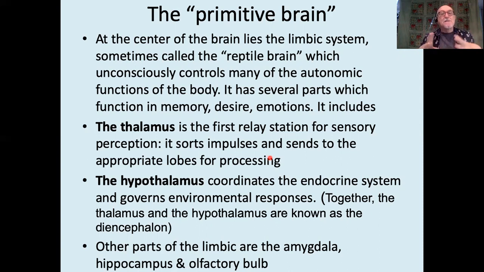It's the hypothalamus that coordinates the endocrine system. I'll only mention this because I see they do talk about it in the book: the hypothalamus and thalamus together are called the diencephalon.